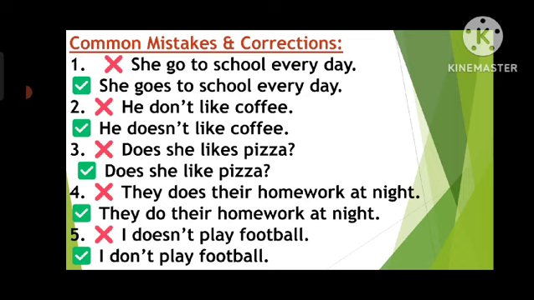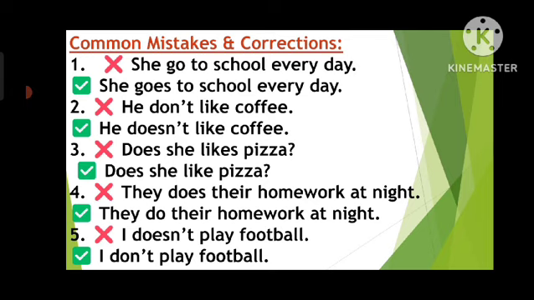Fourth one is, they does their homework at night. Correct is, they do their homework at night, because they is plural. That's the reason we use do. In singular form we use does. Fifth one is, I doesn't play football. Correct version of this one is, I don't play football, because we know that with the subject I we use don't.